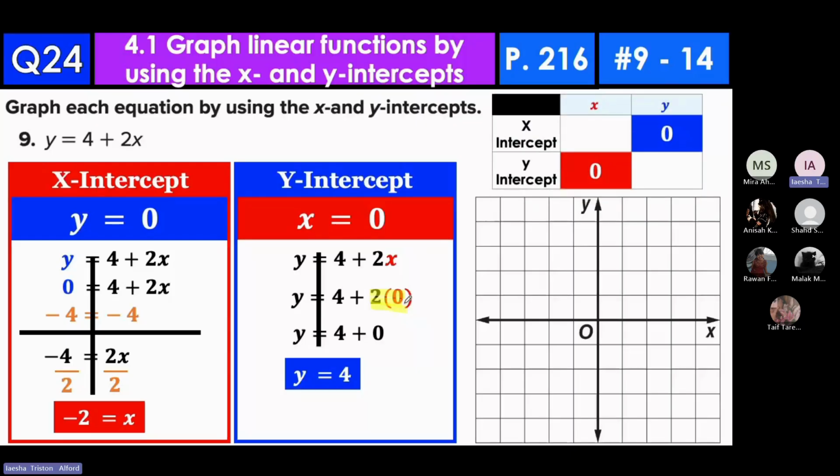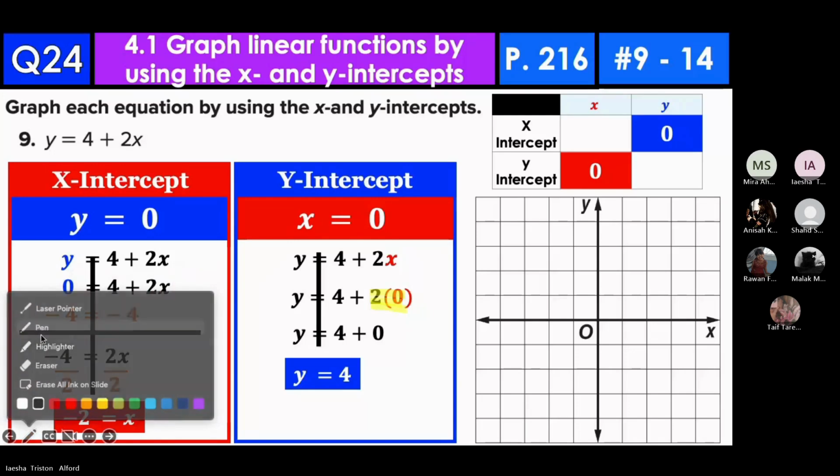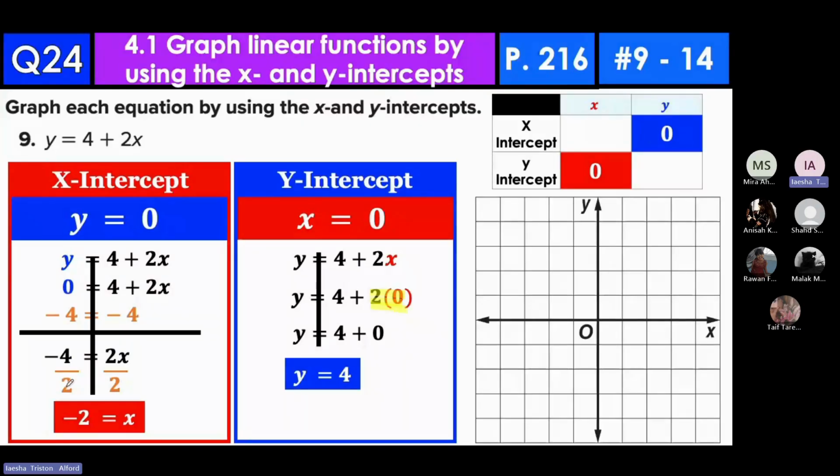So to help yourself, you can make the table. What number is our x-intercept? -2. So how do we find it?